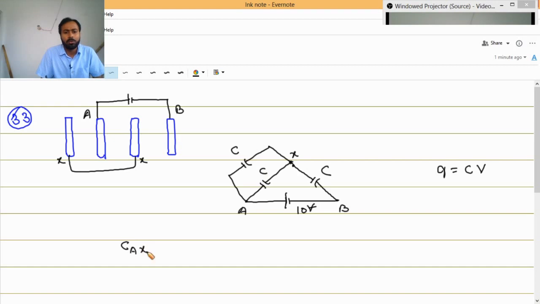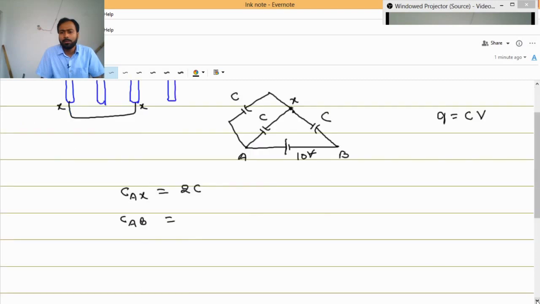So from A to X, the equivalent capacitance will be 2C. And in between A to B, for this branch, these two will be in series, meaning this equivalent and this part will be in series. So in order to decide the A to B equivalent capacitance, we first take the product of these two terms.